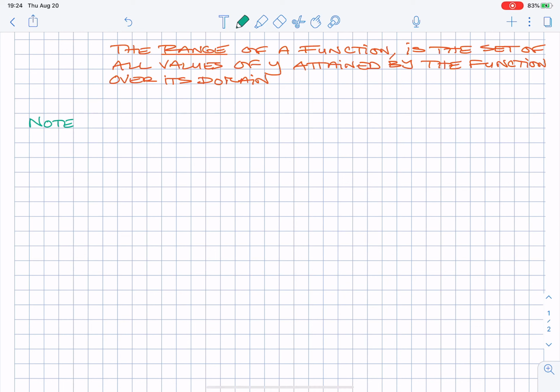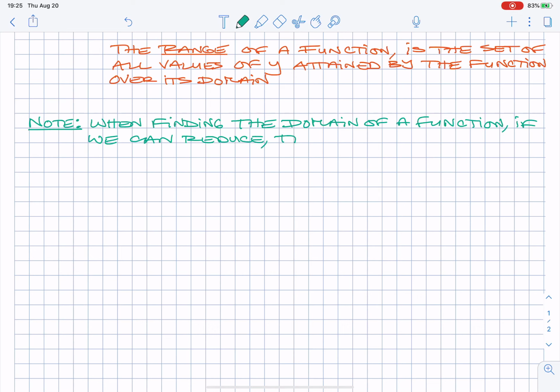So note, when finding the domain of a function, if we can reduce, this does not exclude the restriction on the domain for those values of x.